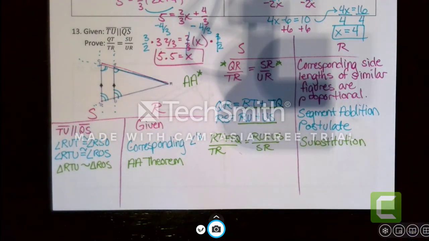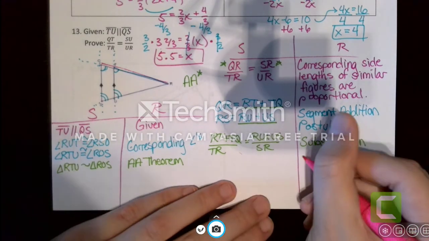Next up, we can't exactly solve it the way it's written, so we're going to have to do a rewrite.